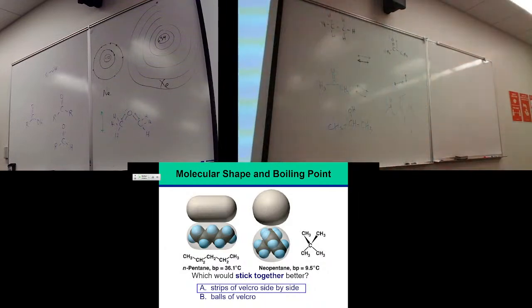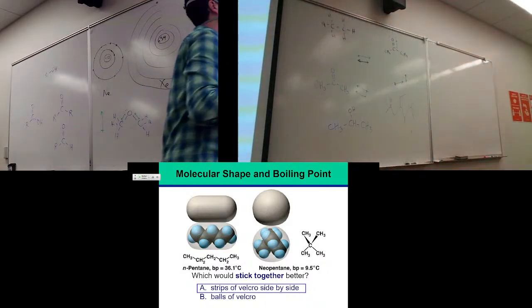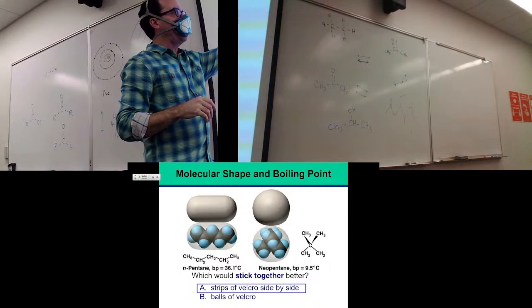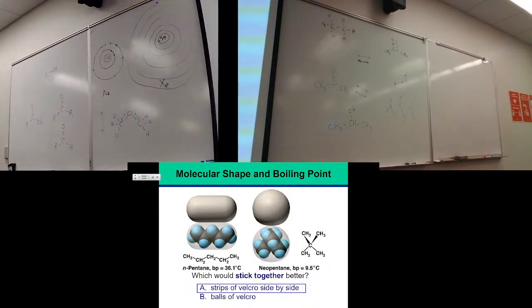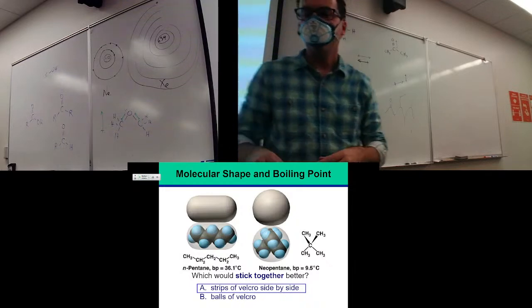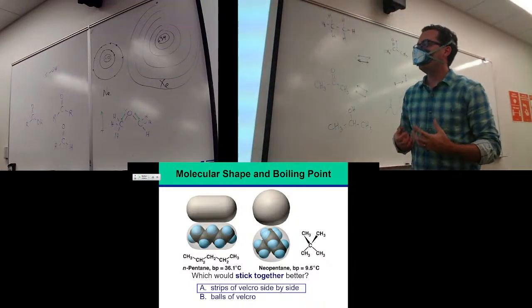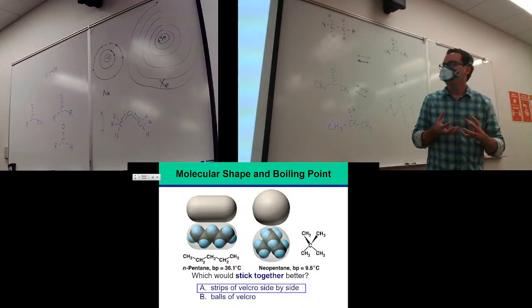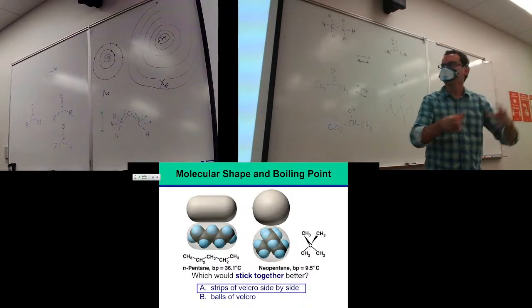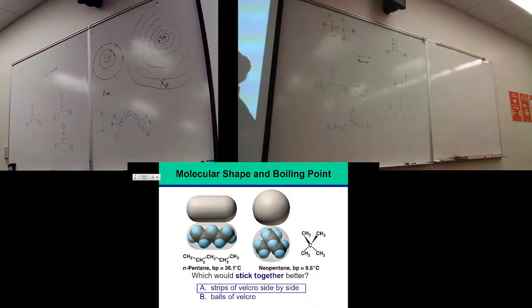A lengthy molecule like n-pentane, which is cylindrical shaped, would have more IMFs than the isomer, right? It's got the same formula, but it's connected differently. This one's more ball-shaped. And so the ball shape means it's going to have less ability to interact with its neighbor. So when they come into contact with each other, they can only interact at one point.